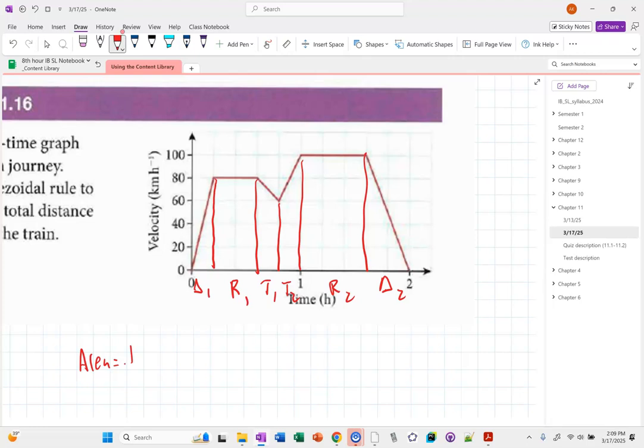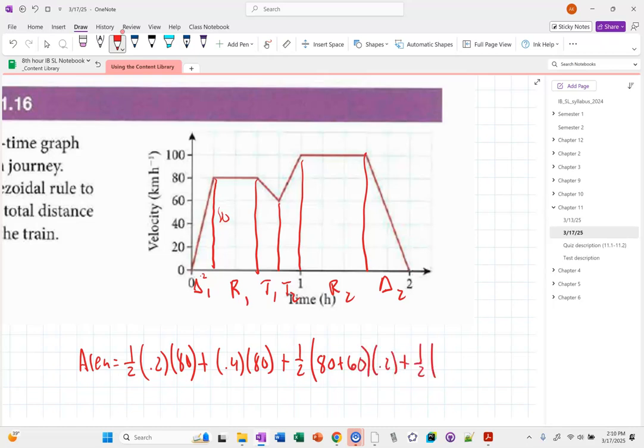So like the triangle is 1/2 base times height, right? So the base here, if this is 1 and that's 2, that's 0.2. And the height is 80. And then the rectangle is 0.4, and its height is 80. The trapezoid is going to be 1/2 times 80 plus 60 times 0.2.